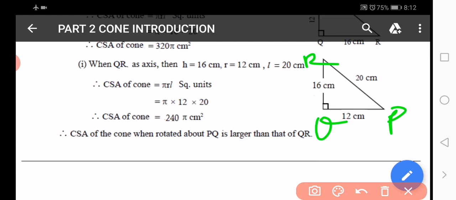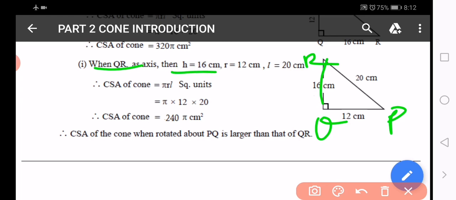So we rotate with QR as axis. In the sum, they have already given QR equal to 16 centimeter. Now QR is the height of the cone. Therefore h equals 16 centimeter.